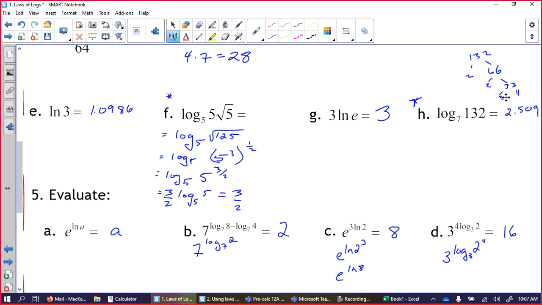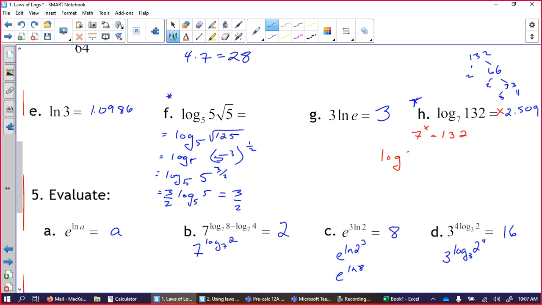So I'm going to go back over to here and just go through this one. If that equals x, so 7 to the x equals 132.